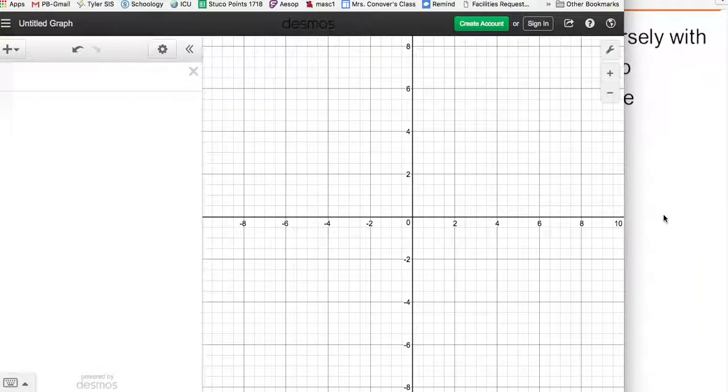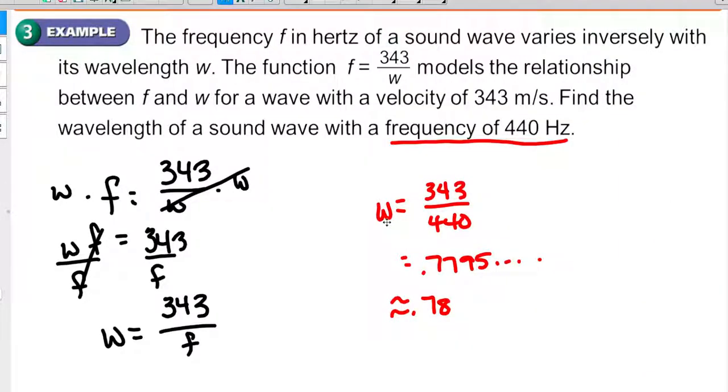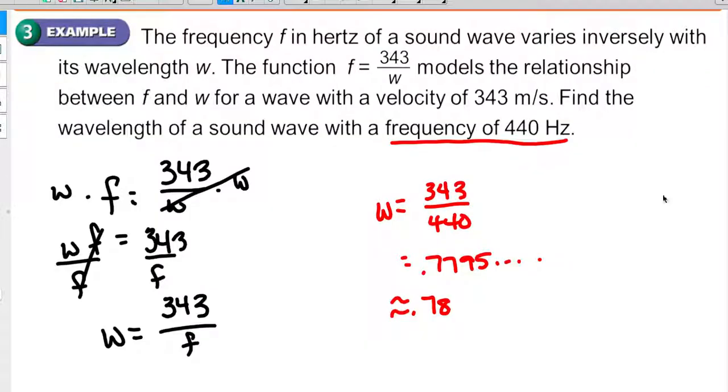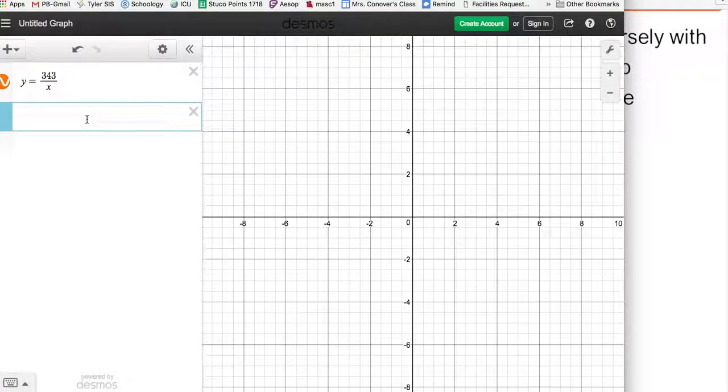So go to Desmos. I'm going to substitute in the y for w and x for f, okay? So then that means y equals 343 divided by x, and if my f is x, then over here the frequency is 440, so then f, or x in this case, has to equal 440.